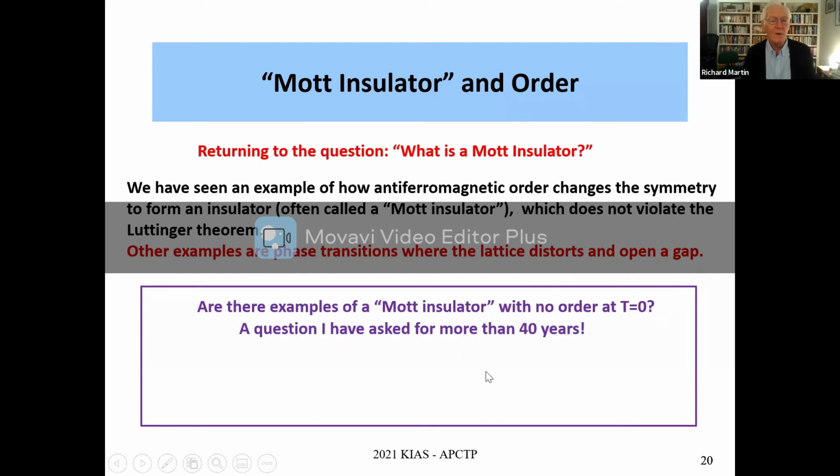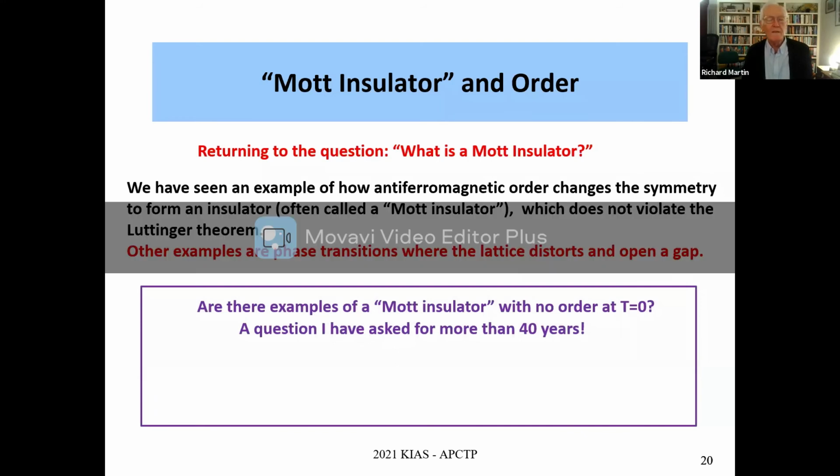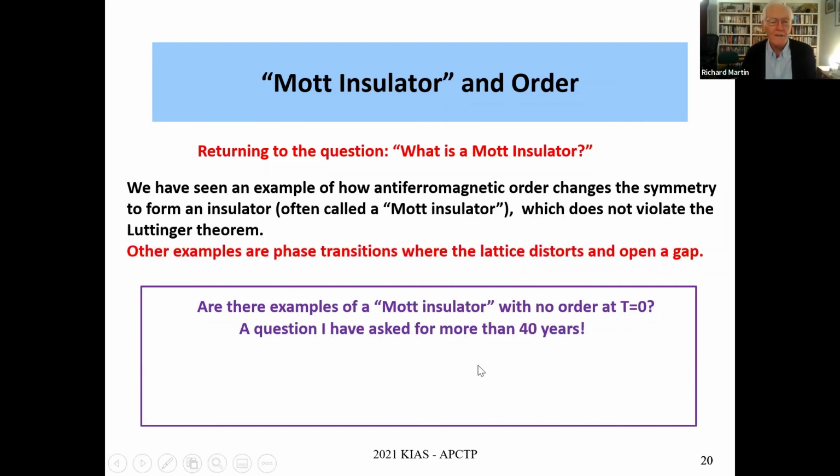I've been asking that question for more than 40 years, and I think the answer still is there isn't a single example, except possibly some very, very special lattices for which a system becomes an insulator without any other order occurring. And it's good to keep asking the questions, because if it occurs, it will be interesting.